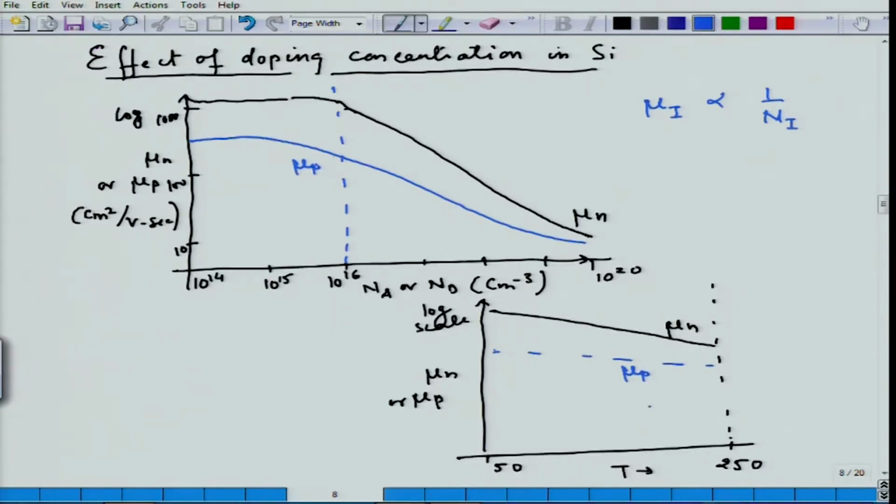Over here we are basically seeing the effect of the lattice vibrations for a given dopant concentration.